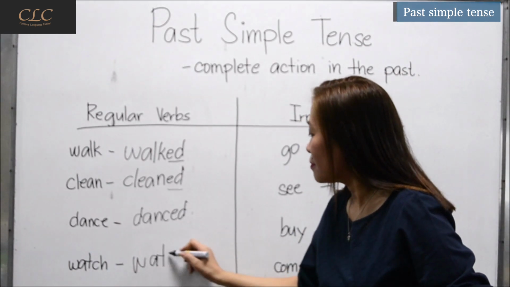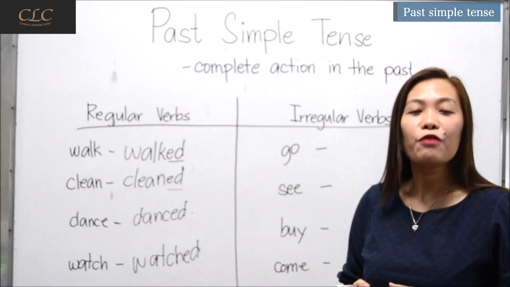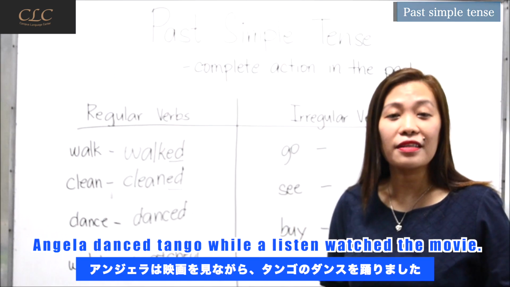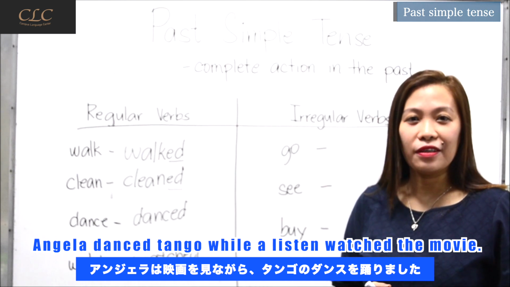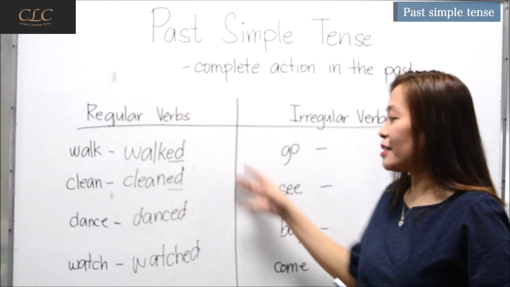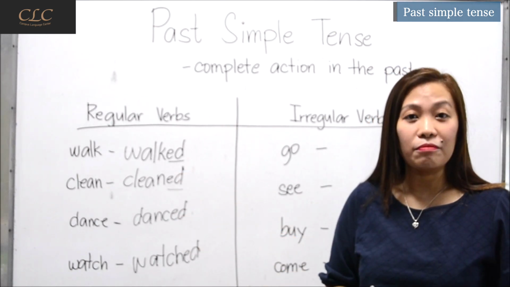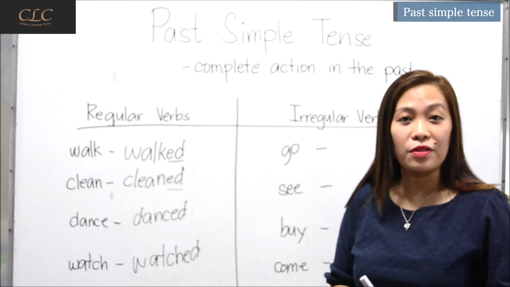For example, Angela danced the tango while Allison watched the movie. So in these cases, you have noticed that every one ends with ed. Usually this is the common ending for the regular verbs.